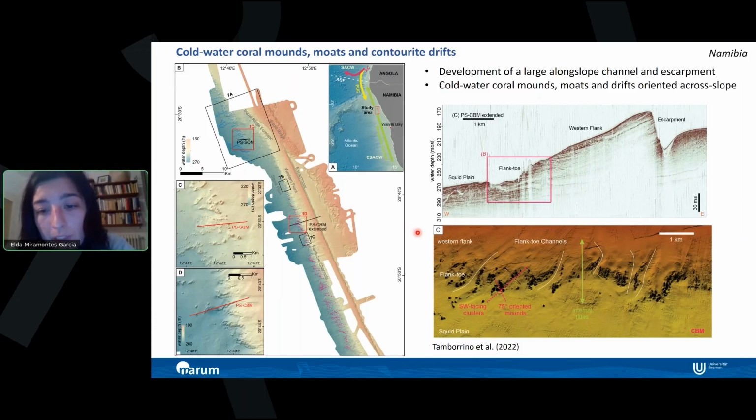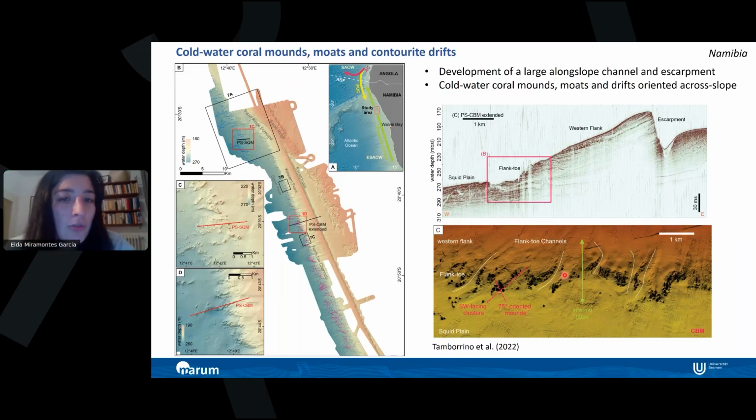In the zone of the mounds, you also see some channels that are oriented across the slope. So these coral mounds and channels have moats and drifts. You see here some moats along the ridges of the coral mounds and some drifts in between. They are oriented across the slope. So actually these features are not formed by along-slope currents, but rather by internal tides that move across the slope every day.